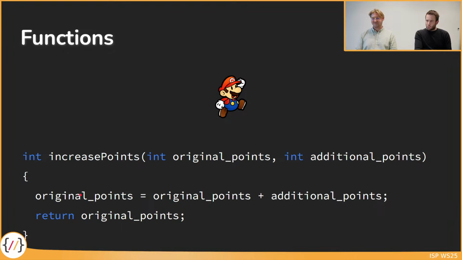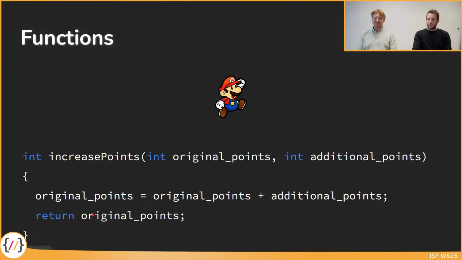Then we also need some mechanism to return the result of our calculation to the caller of the function. Whenever we call the function to increase the points, we want to get back the new amount of points as a result. We achieve this by using the keyword return at the end of the function. So with return and then a value, in this case the new value of the points, we return this value to the caller of the function.